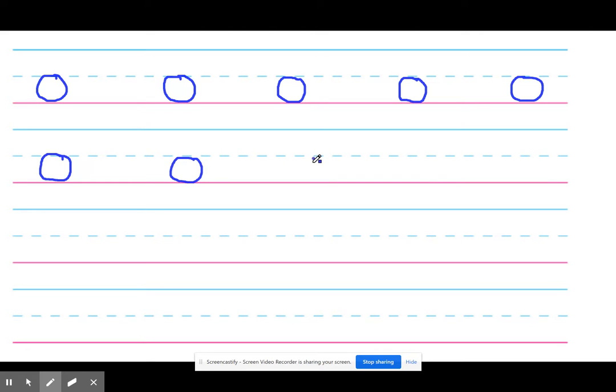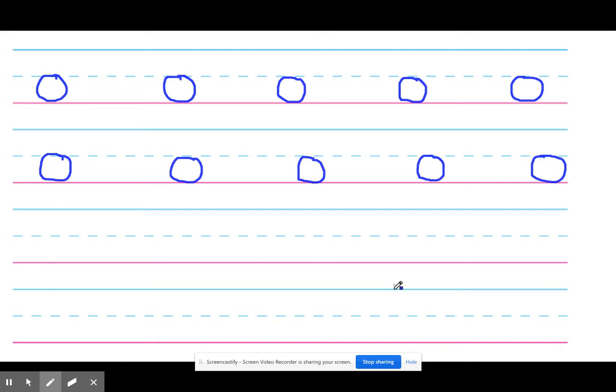Touch below the midline, circle back left, all the way around, touch the baseline, all the way around. Touch below the midline, circle back left, down to the baseline, all the way around, lowercase o.